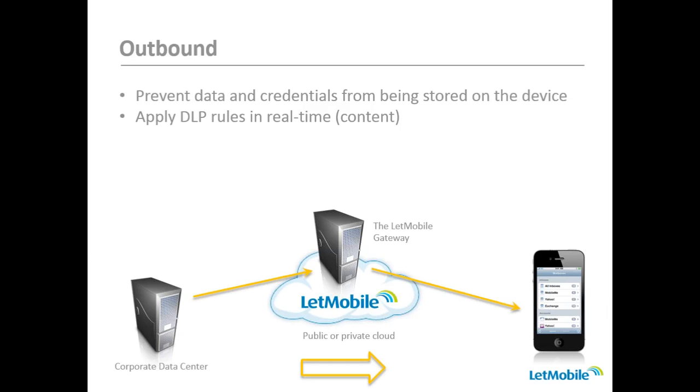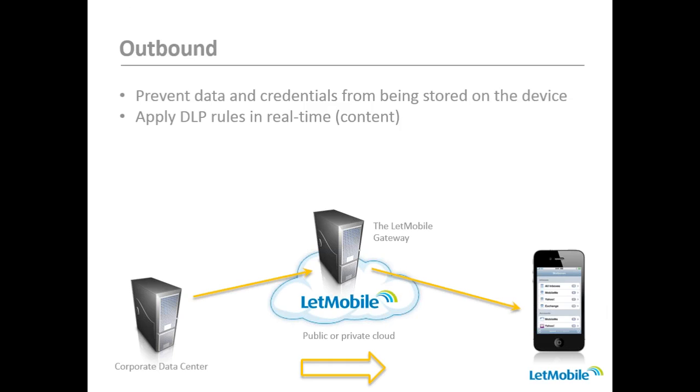But the beauty of Let Mobile actually lies in the outbound capability. In the inbound capability, we are basically a gateway. The outbound is where the magic happens. Now all the traffic that goes from the corporate data to the device itself passes through the Let Mobile server.